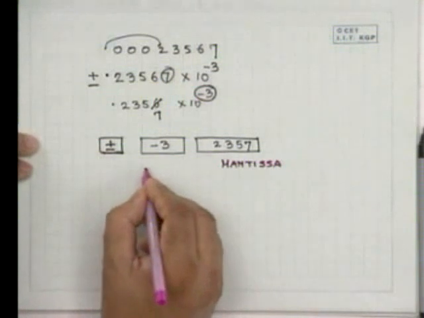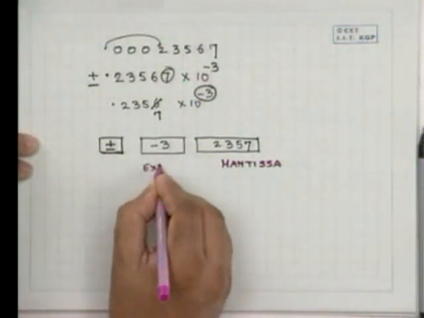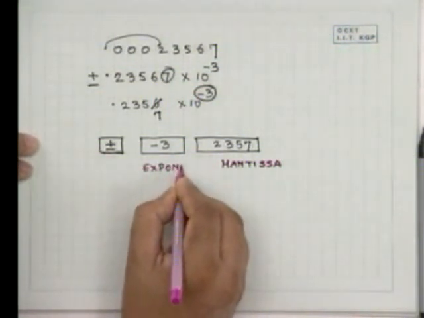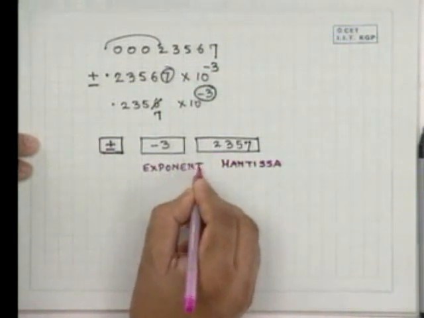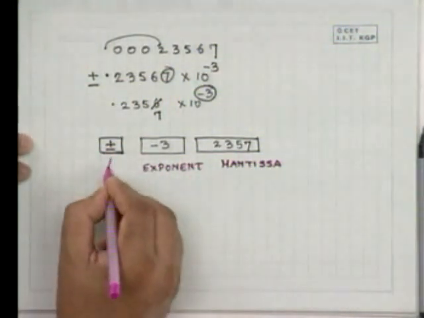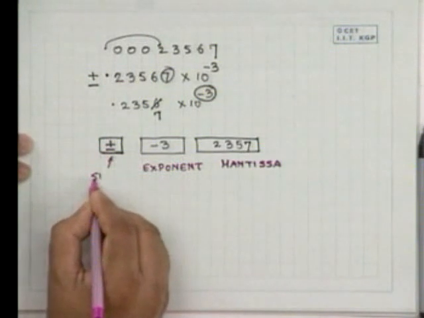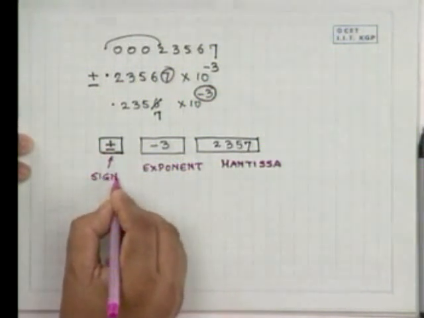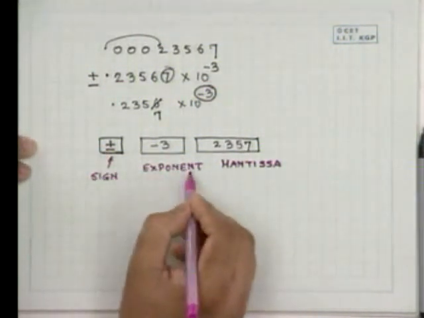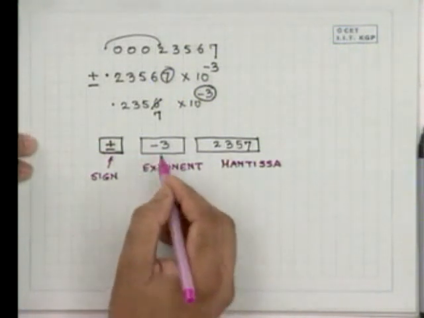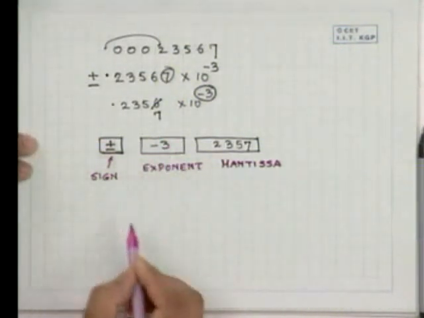This is the position for the sign. Whenever there is an exponent in the case of a decimal number, it is 10 to the power of the value that is here.